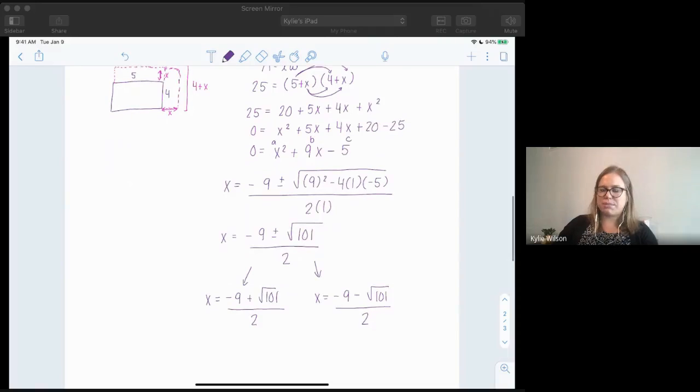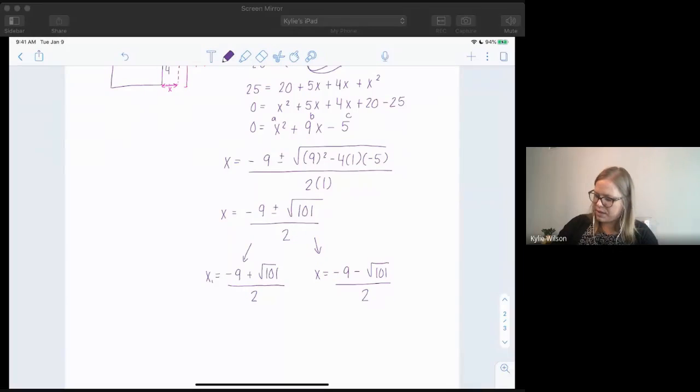And I'm just going to simplify those in my calculator. So x1 is equal to negative 9 plus root 101 over 2, and we'll get 0.525 meters.